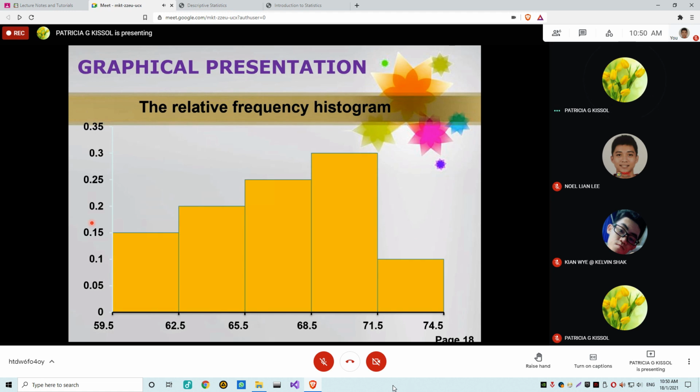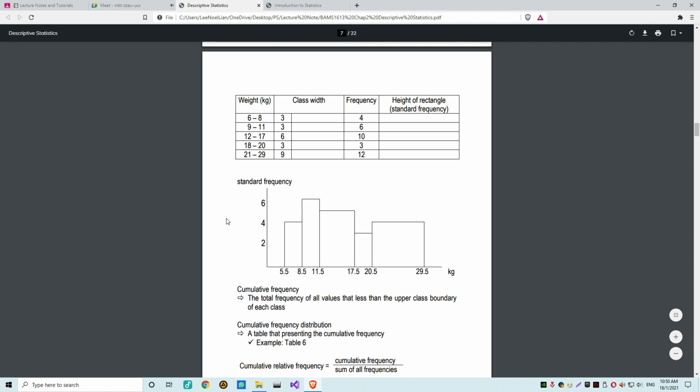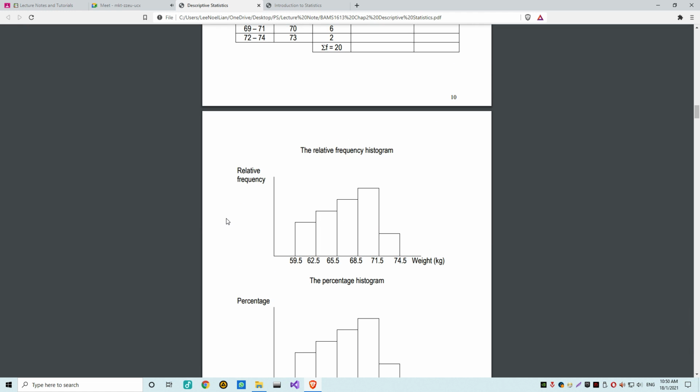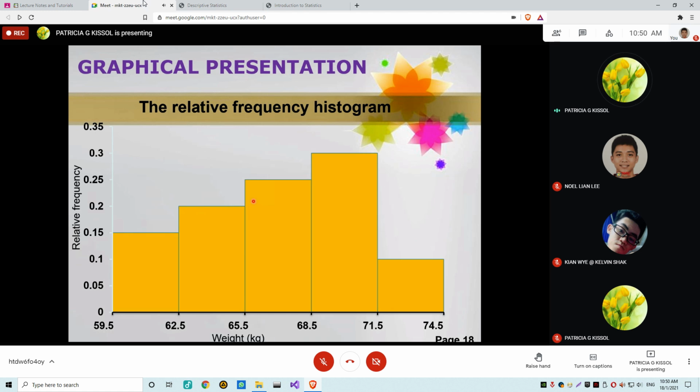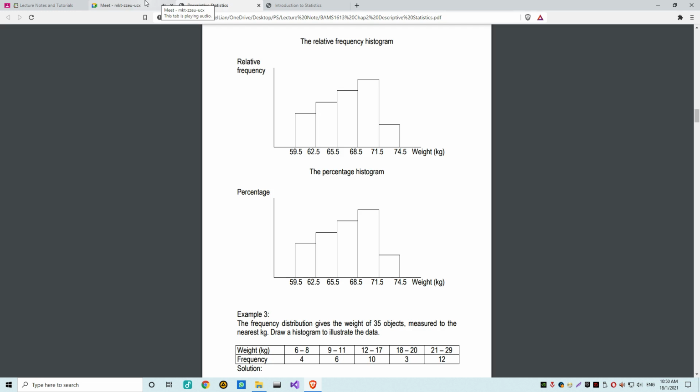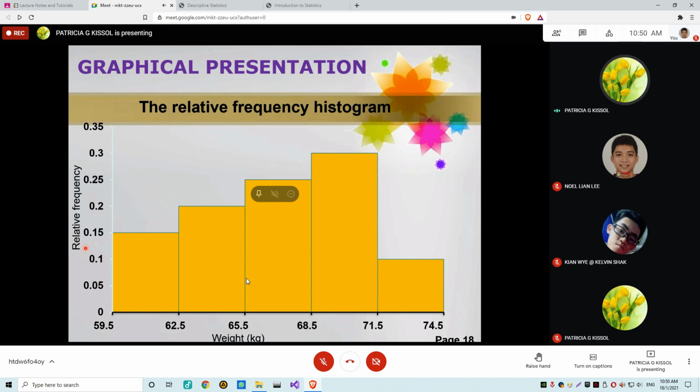Oh, I do have it here. I thought I didn't show it, but it's here. The relative frequency histogram. This is the one, and you notice the y-axis. Do you see here? It's written as relative frequency. So you see the pattern is still the same. Pattern means the height of each of the bars is the same, but it's just the labeling of the relative frequency values here.